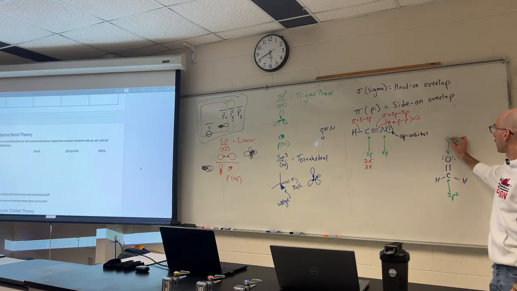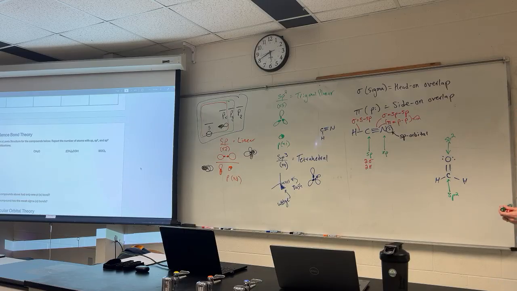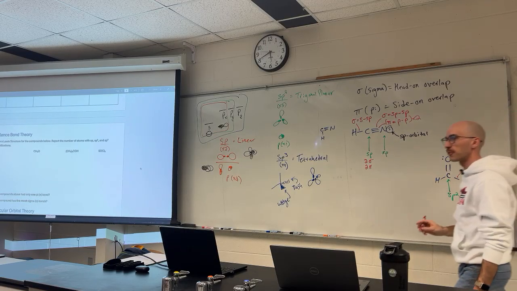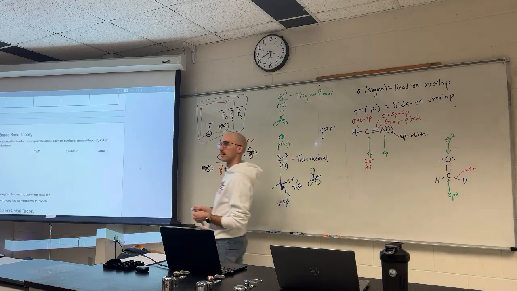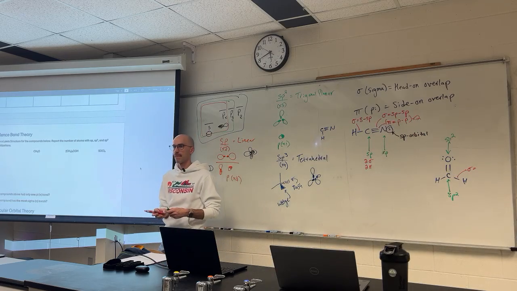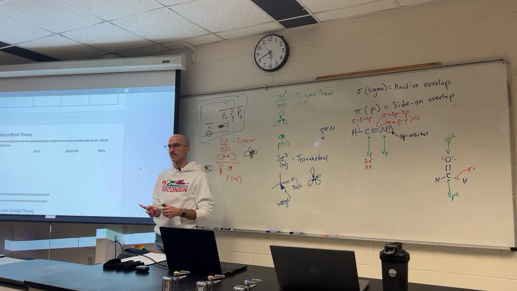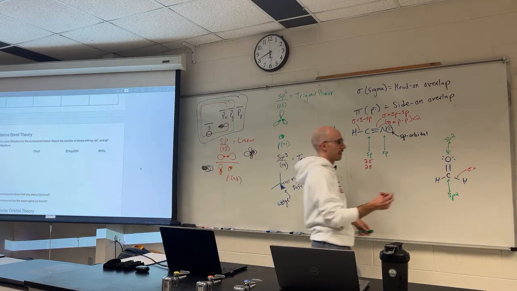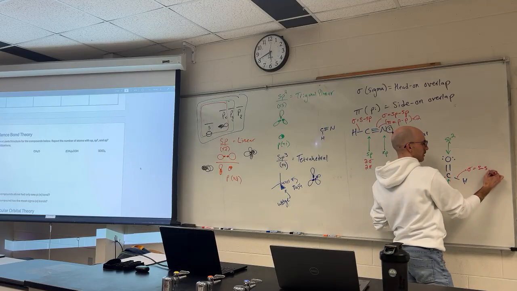All right. Can you tell me the orbitals that overlap to give me the sigma bond between carbon and hydrogen? S and sp2. That's true on both sides.